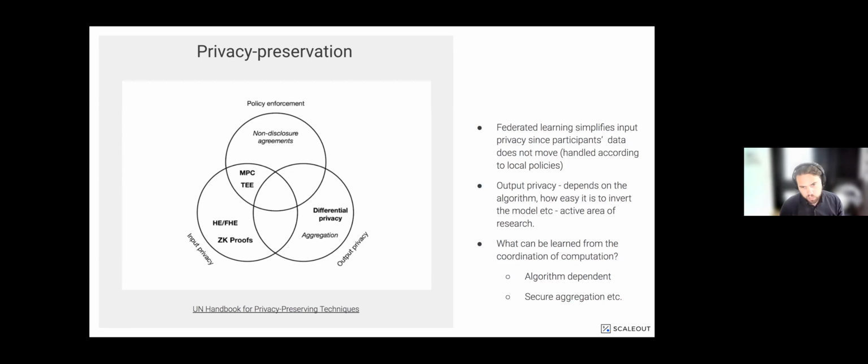But then we can also talk about output privacy, which is essentially the problem of, once you have a trained model, what can you learn about the data that was used to generate it by access to it, by querying it or making predictions. So federated learning in its most basic form essentially is a very elegant solution to the input privacy problem. And it does that by essentially making sure that data never leaves the administrative control of the data owner.